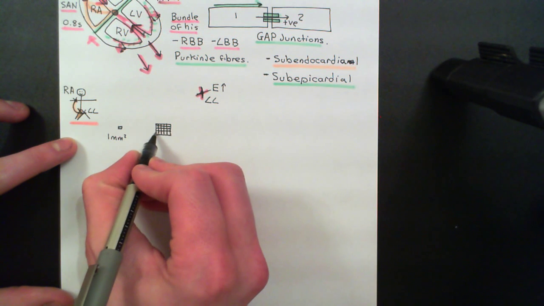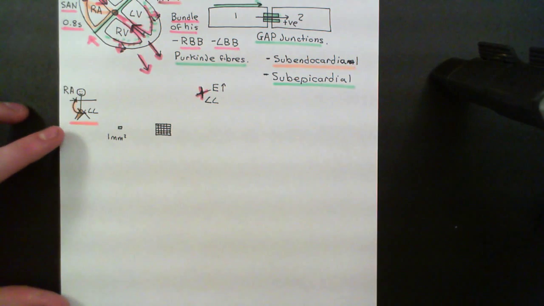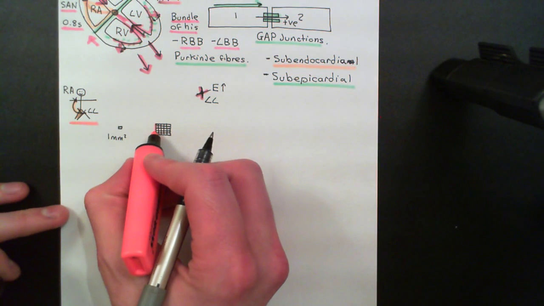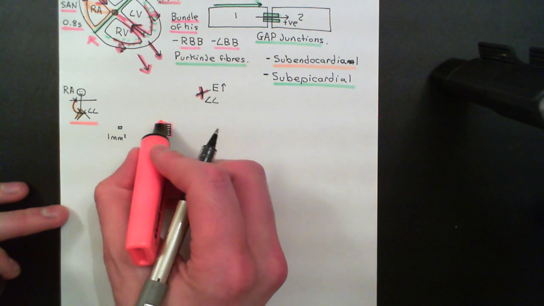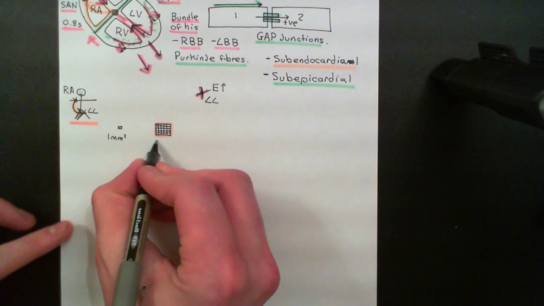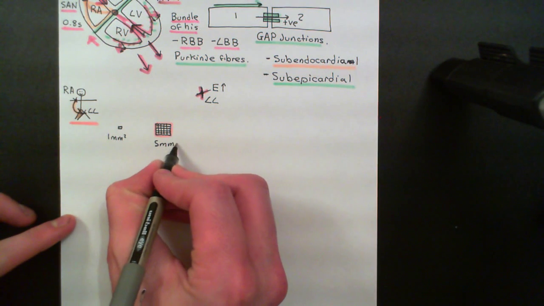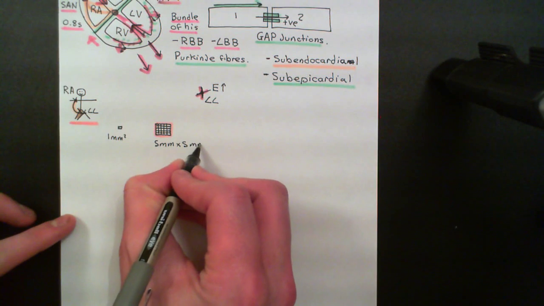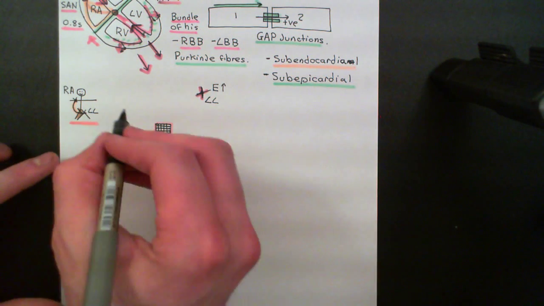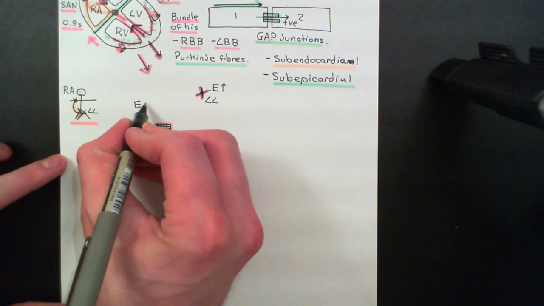There we go, so you've got 25 of the little 1 millimeter squared boxes in this larger box. That's how ECG paper is divided up: into 1 millimeter squared boxes, and then these larger boxes which are 5 millimeters by 5 millimeters. So that's firstly the paper, and we call this ECG paper.